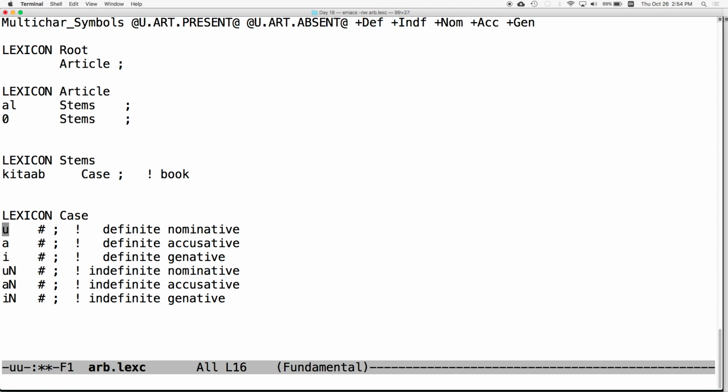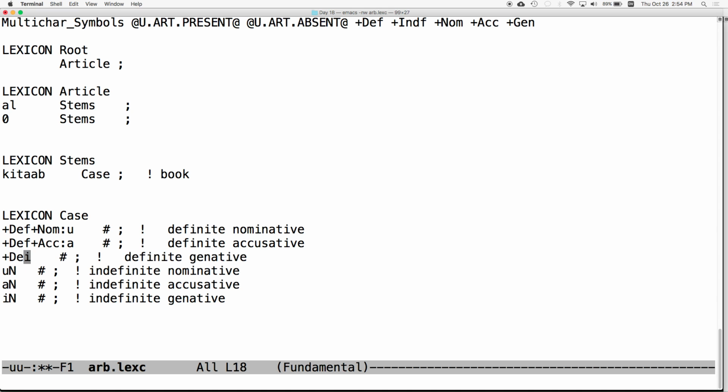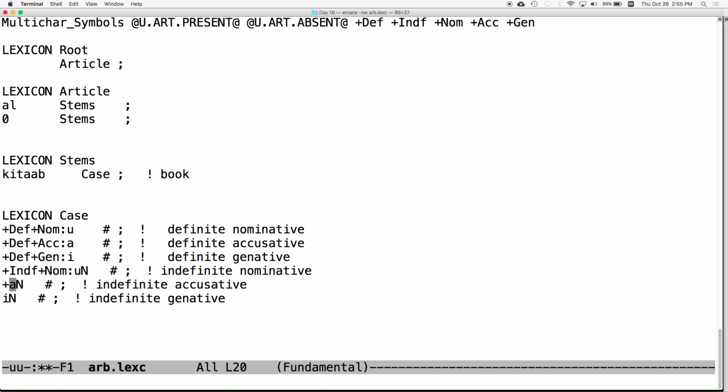All right. Okay, so over here we want to say plus def plus nom, plus def plus accusative, plus def plus genitive, plus indef plus nom, plus indef plus accusative, plus indef plus genitive.